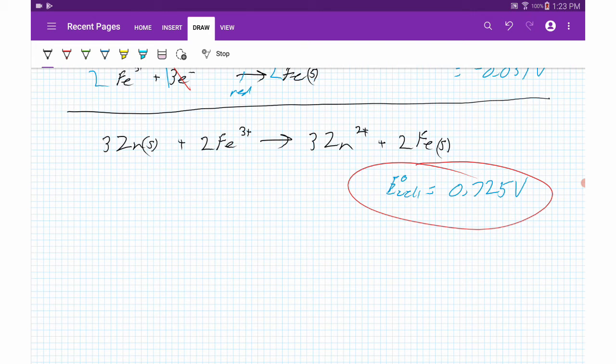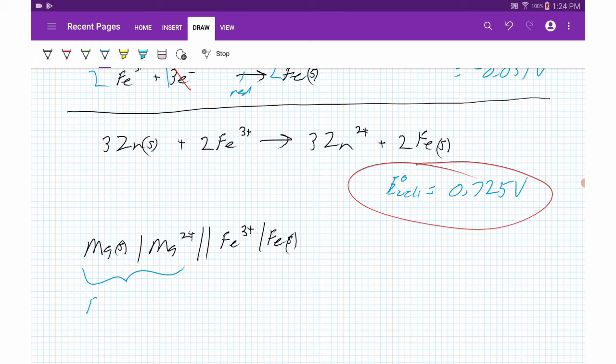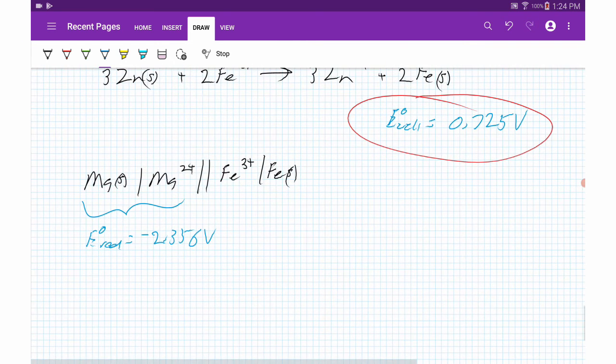To do the next reaction, I'm not going to do it in full, but it is the reaction of magnesium again protecting iron. The only thing that changes is the magnesium reaction, and for the magnesium reaction, the reduction potential is negative 2.356 volts.